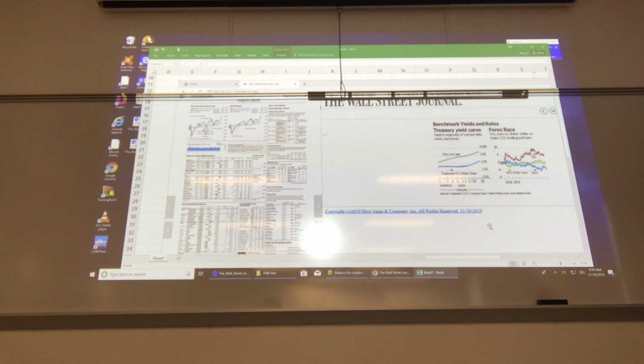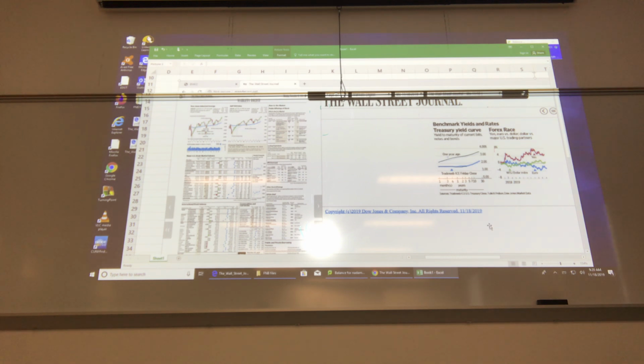That could be either government bonds or corporate bonds. And a corporation can get the money either in the bond market if they want to sell their debt, or in the stock market. And there are different types of risks, and we will discuss that further.